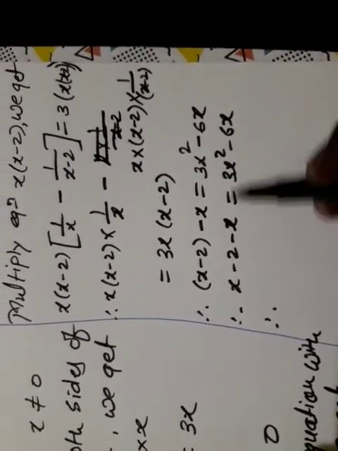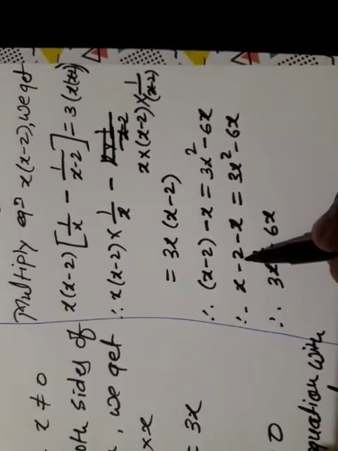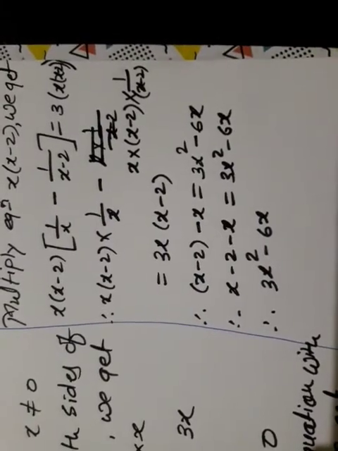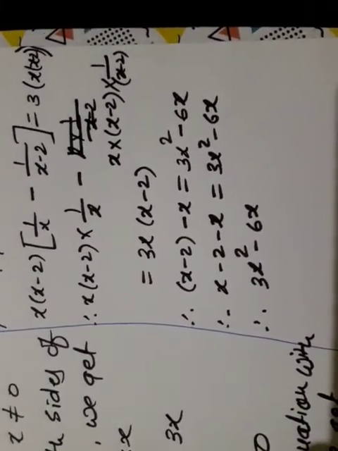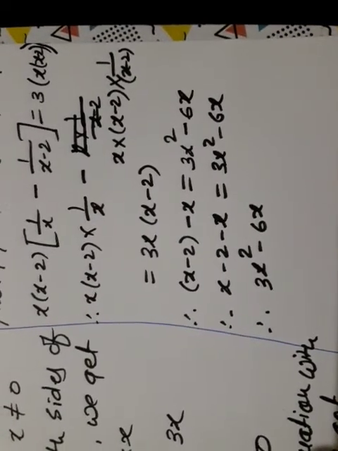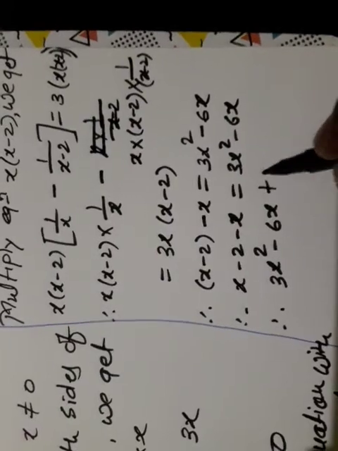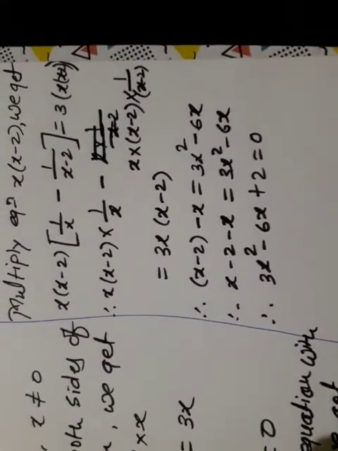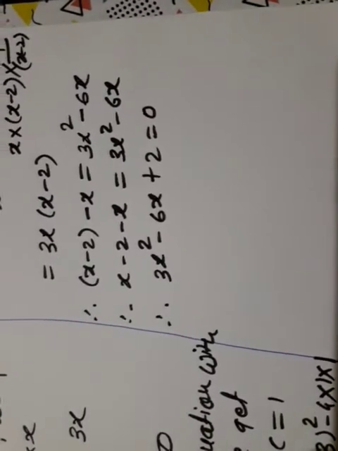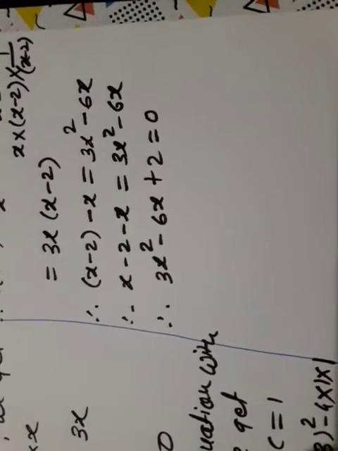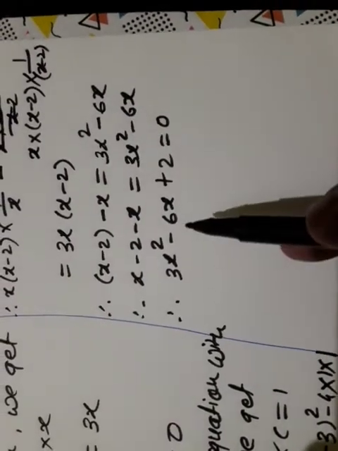Then how can we get the equation? 3x square minus 6x, when we transfer this minus 2 to the RHS, it will be plus 2, is equal to 0. Now we got the equation 3x square minus 6x plus 2 is equal to 0. This is one quadratic equation.